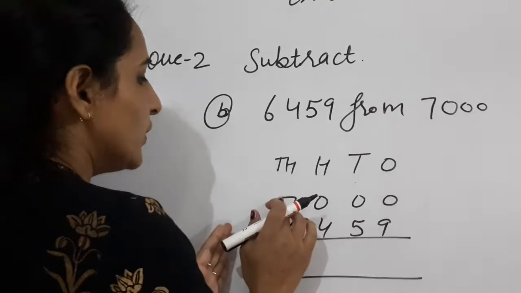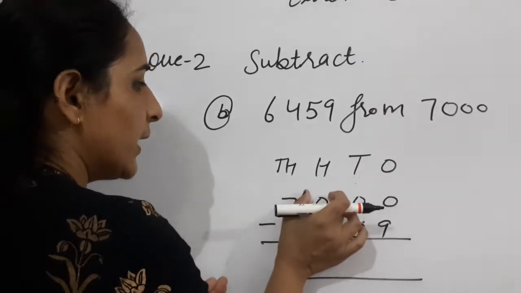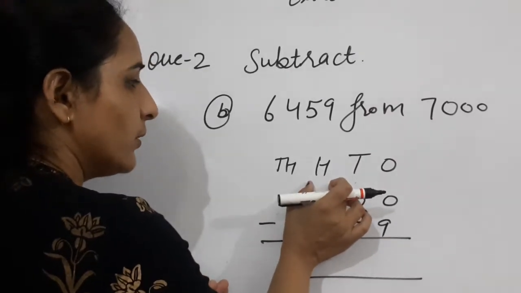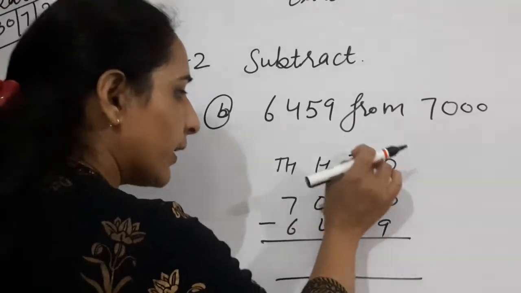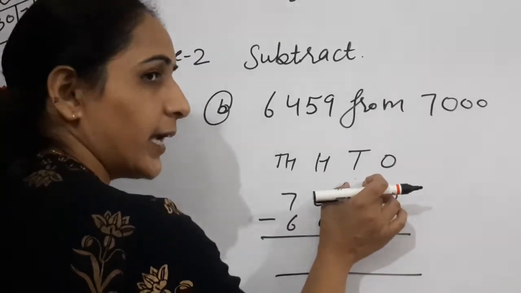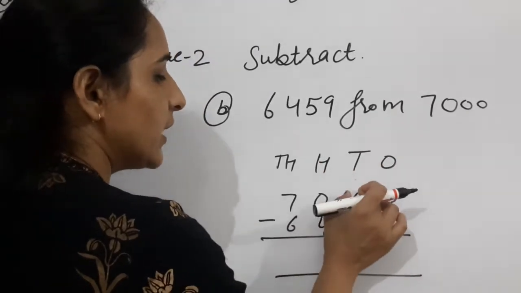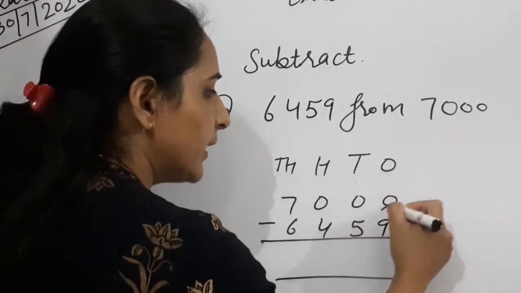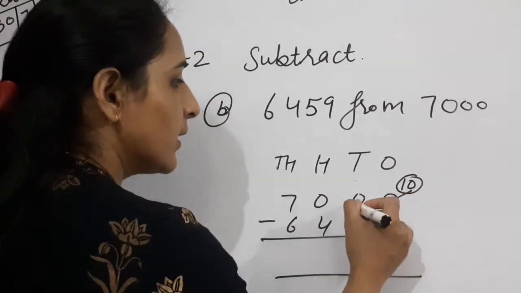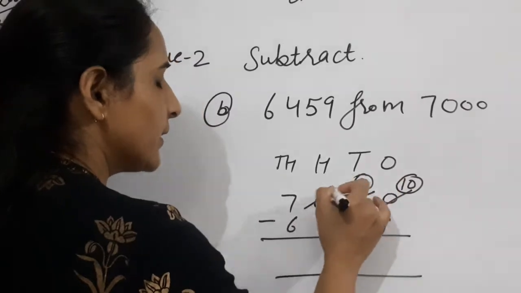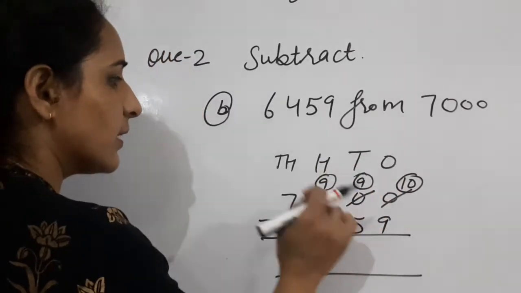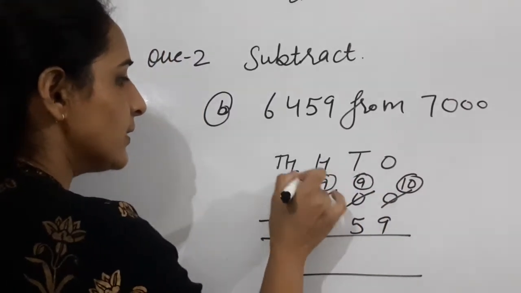Clear? So we take carry from there. We make here 10, 100. Okay? But we take the carry again. We make here 10 tens and we take carry from there. Now it's 10 ones, 9 tens and 9 hundreds remaining here and there is 6.